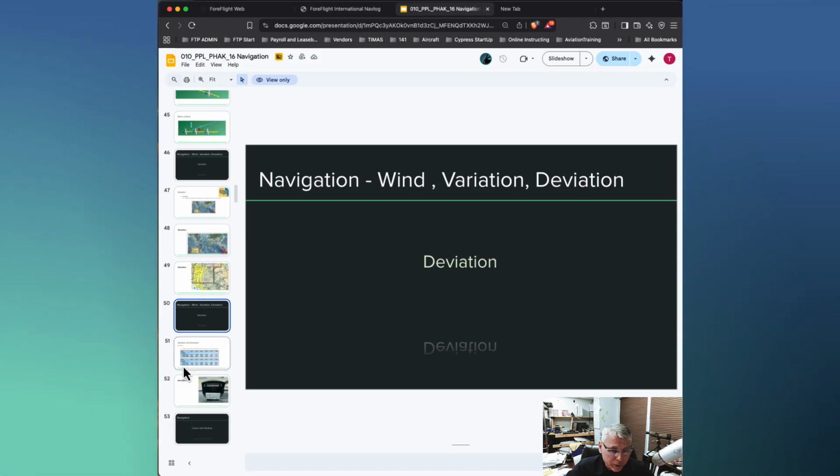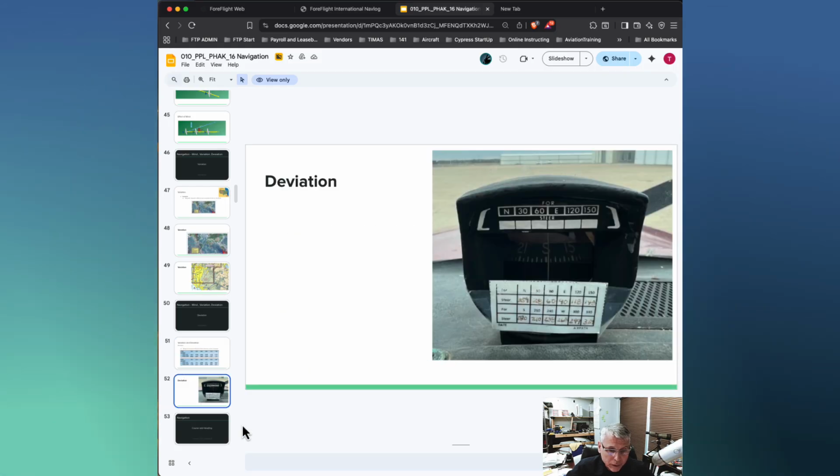So when we talk about deviation, we talk about a deviation card, which is the error that the compass has based on where it's installed in the airplane. What do I mean by that? Well, when a compass is installed, it is a magnetic device and it's influenced by magnetic fields.